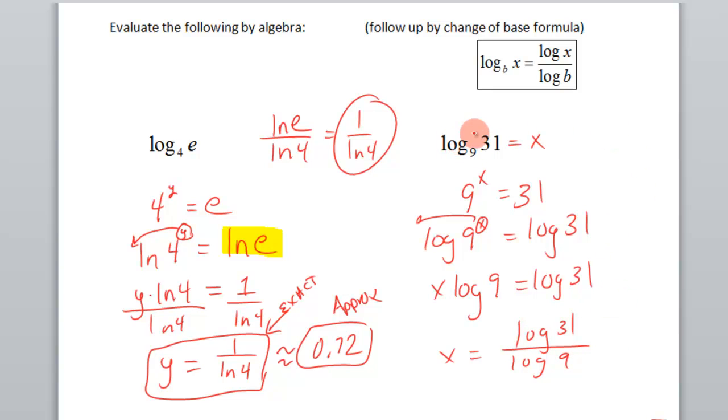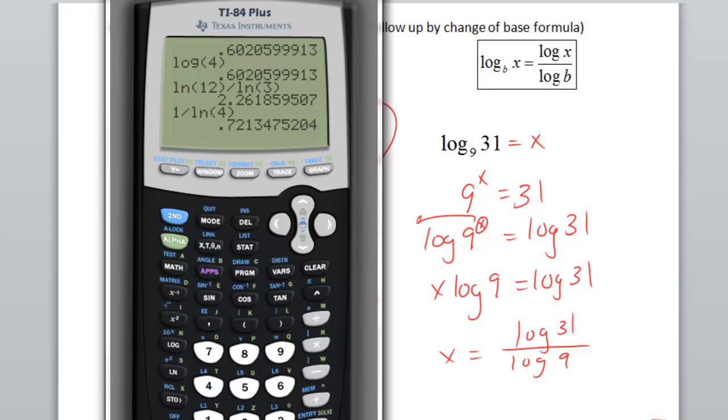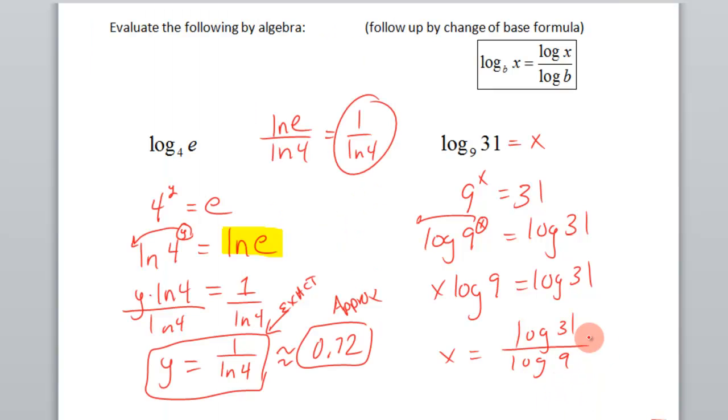Again, same thing, use the rule, right? It would have been log 31 over log 9. What does that equal? Log 31 divided by log 9. 1.56. Exact, or approximate, exact.